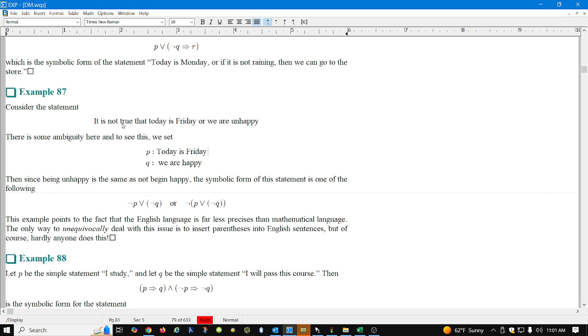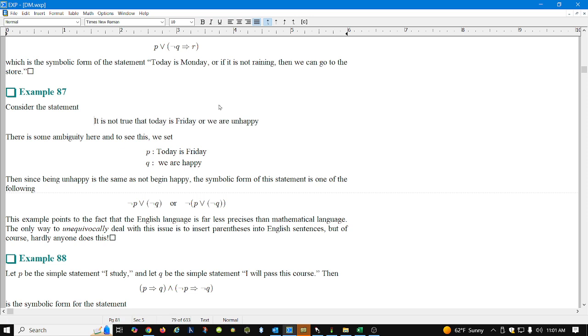In English, we don't usually put parentheses to clarify. You could do it this way, and that would correspond to this one. Or we could do it this way, and that will correspond to this one.